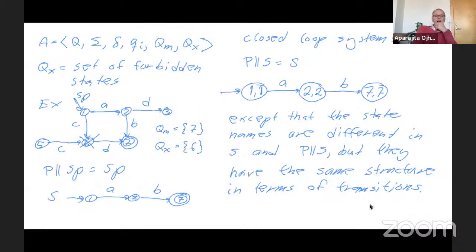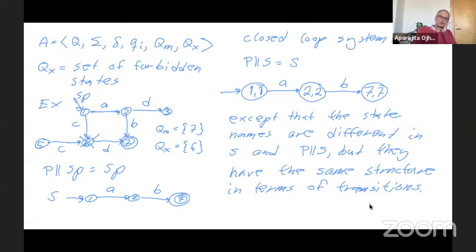Formally, I introduce the set Qx as the set of forbidden states. Now if I introduce a specification saying that Qx equals state 6 is a forbidden state, that means I have a specification where I consider state 7 to be a marked state.